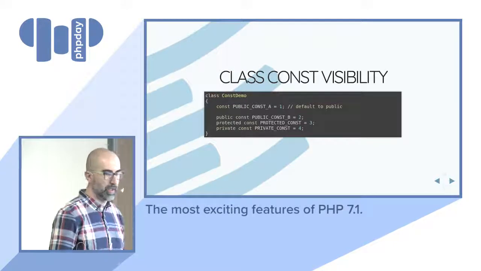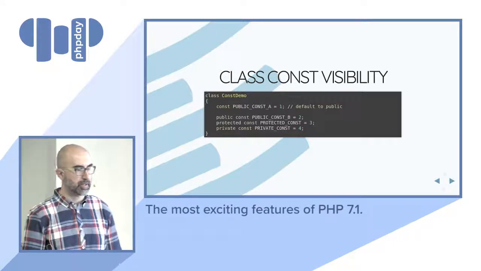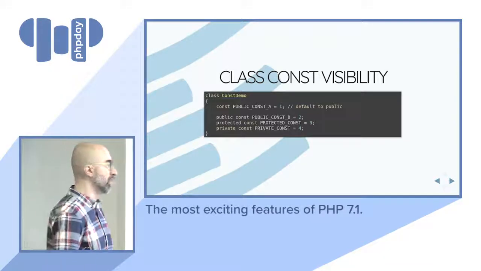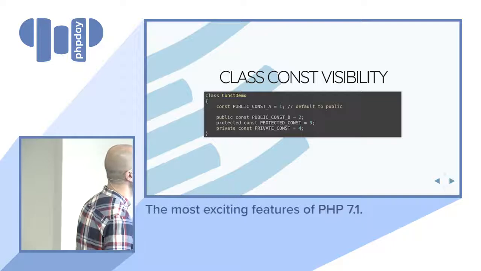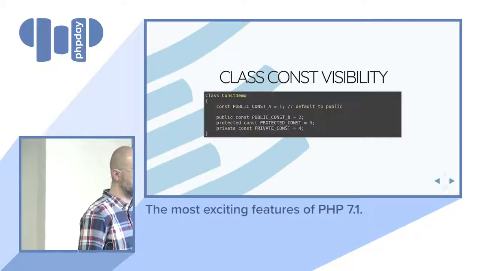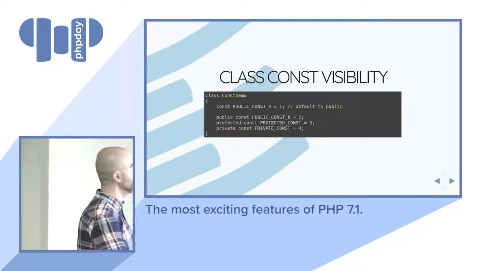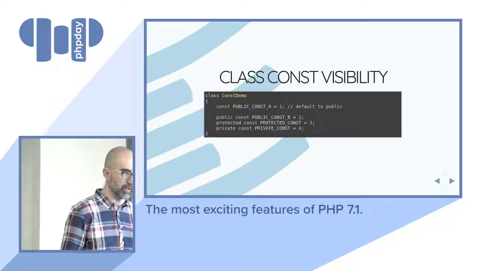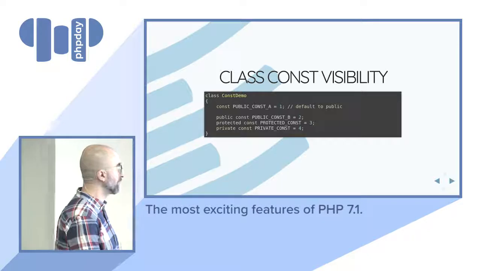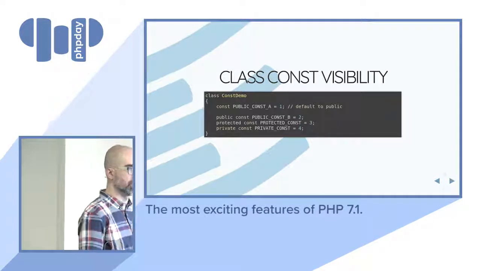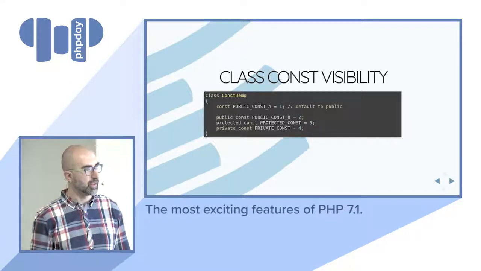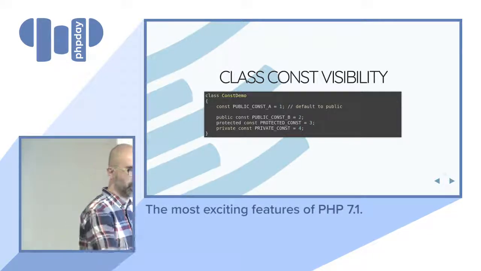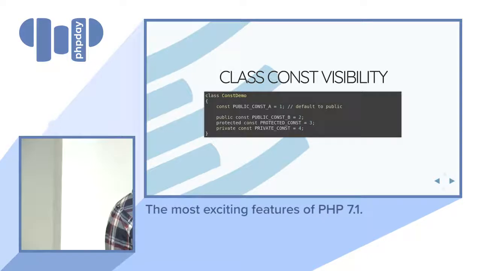Okay, other feature, class const visibility. This is very cool. So basically, in PHP 7.1, you can specify the visibility of constants in your classes. You can say, okay, I want a public constant, so everyone can read it, a protected constant, or a private constant. So if you are extending some classes, with the protected, as usual, you can get access to the constant.